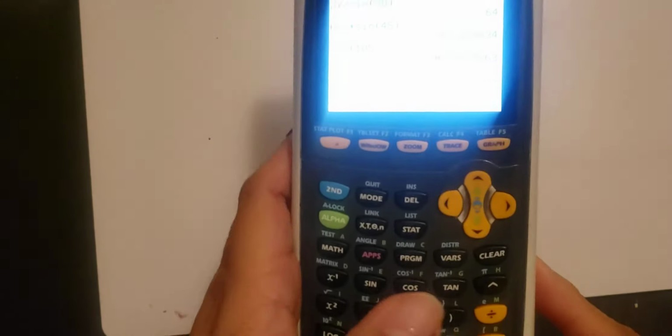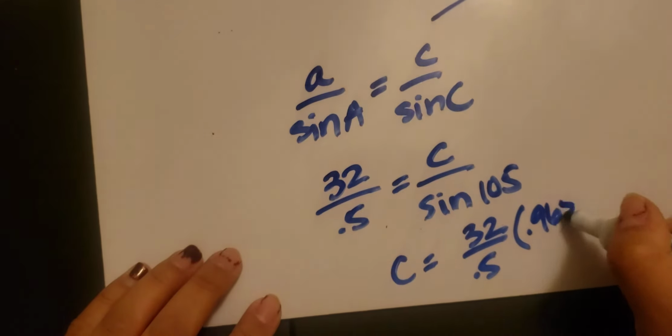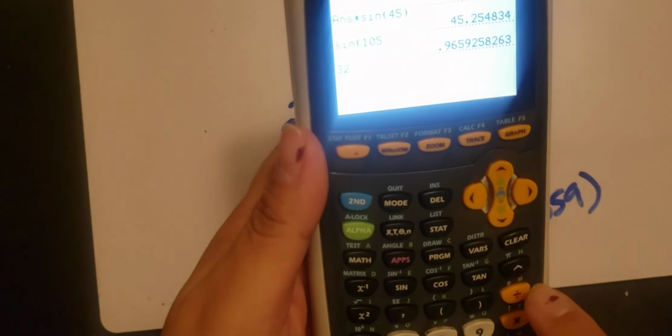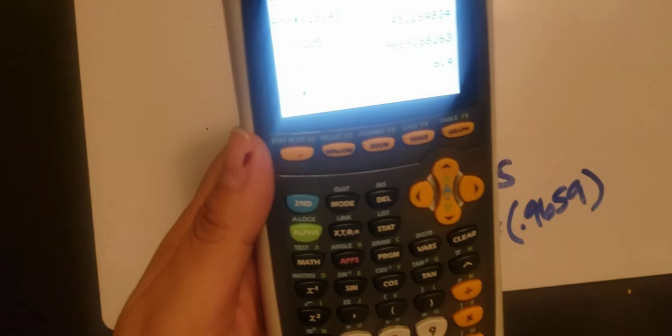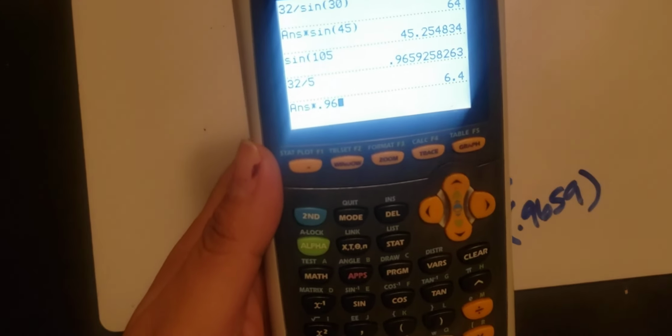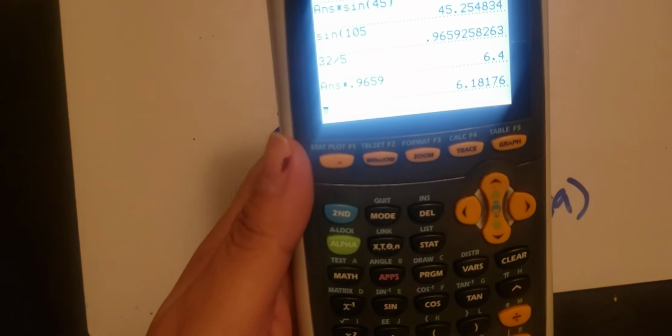But remember, sine of 105 is 0.9659. Okay, and then I'm just going to enter that in my calculator. So 32 divided by 5 times 0.9659.